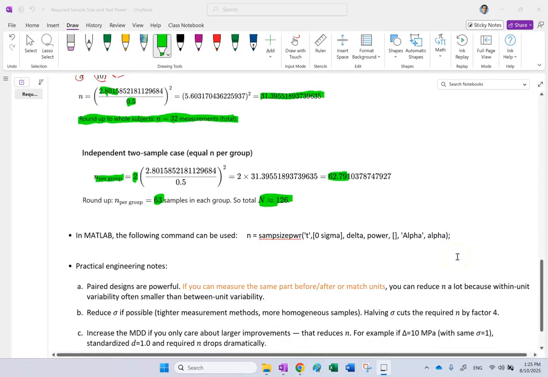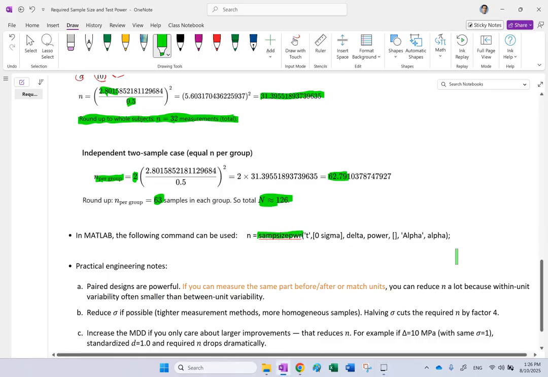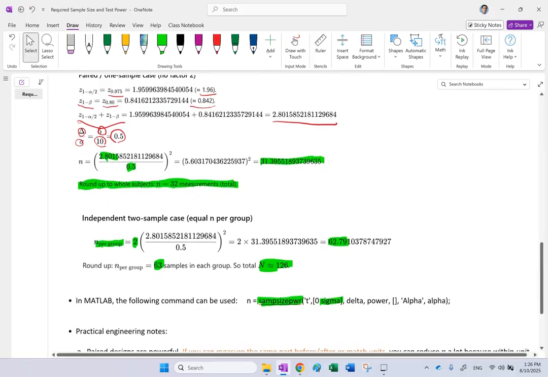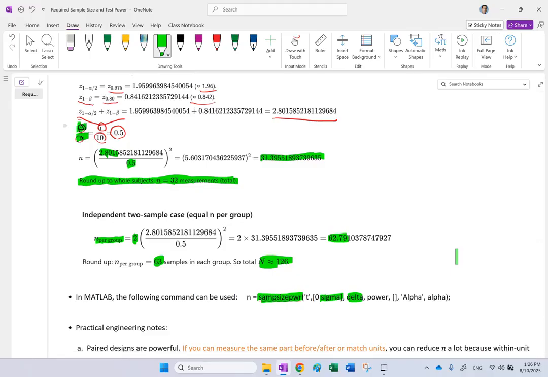Now in MATLAB, if you want to find the number of samples that you need, there is a command for it. The command is called sampsizepwr. So what would you need to give to it? The first one is sigma, the sigma in the denominator, this one. Then you need to give it delta, the minimum detectable difference. Then you need to give it power, which is 1 minus beta.